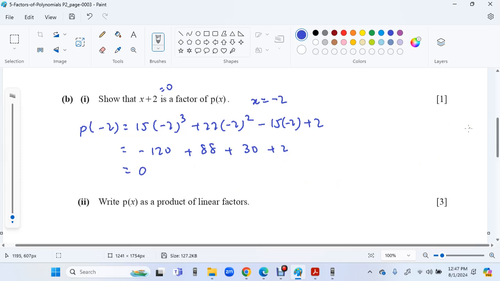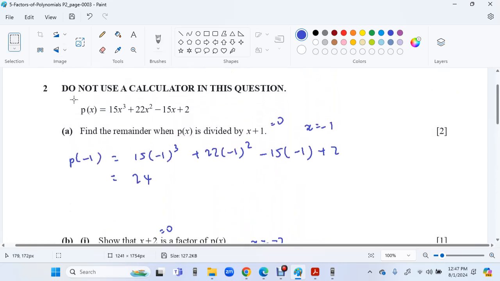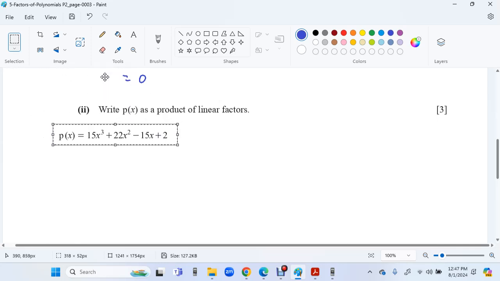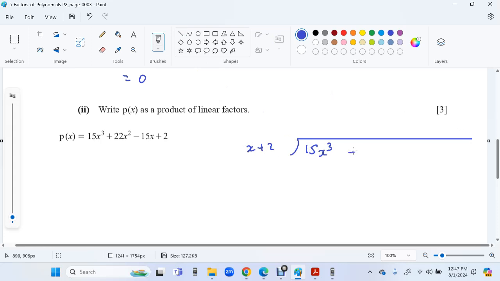So we want to write p(x) as a product of linear factors. So we know that x plus 2 is the factor. So we do the long division with x plus 2. So x plus 2, 15x cubed plus 22x squared minus 15x plus 2.